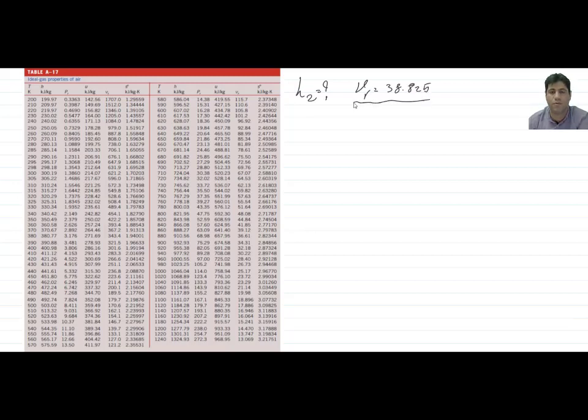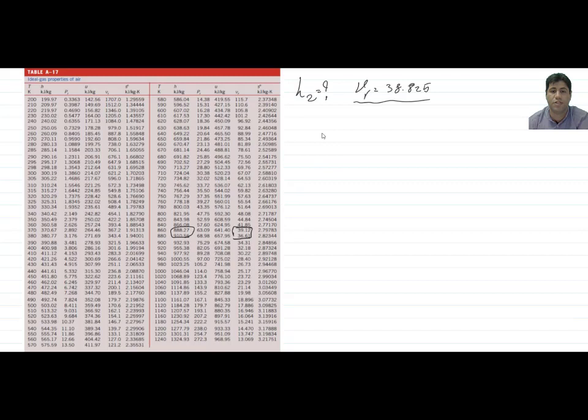So this is the VR which we have. Again, with the same procedure, we need to come to the table. We find the approximate place of the VR in the table, between these two and these two VR. Then we can find enthalpy for these two states. So these are the enthalpies, and this is the relative specific volume.